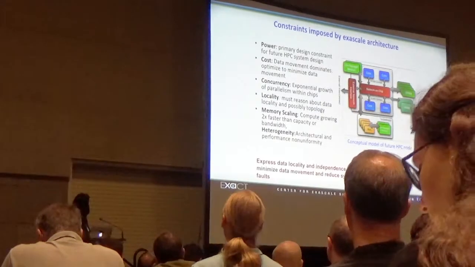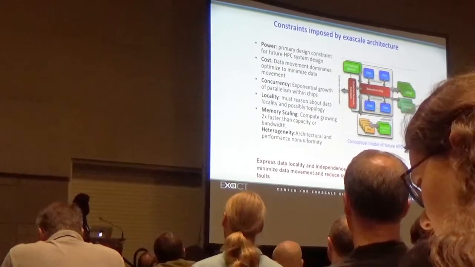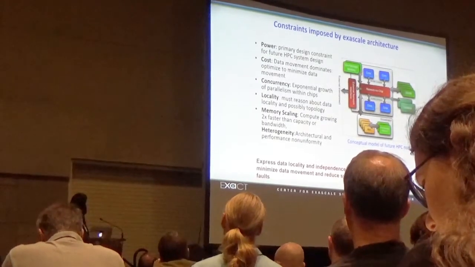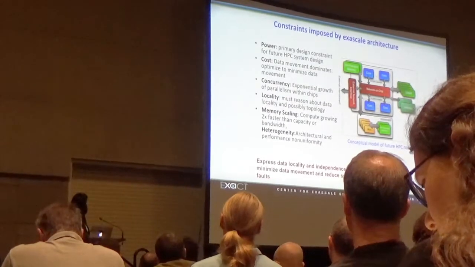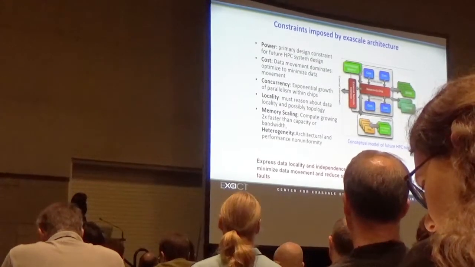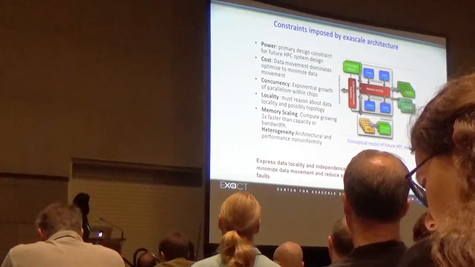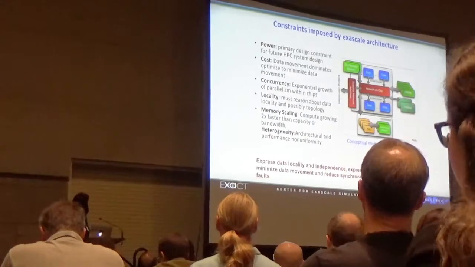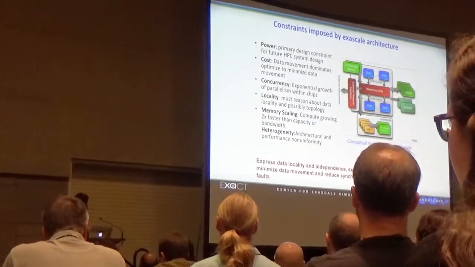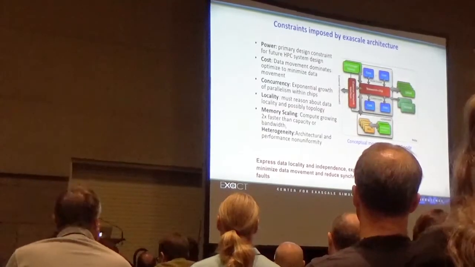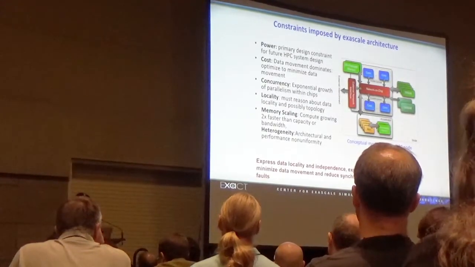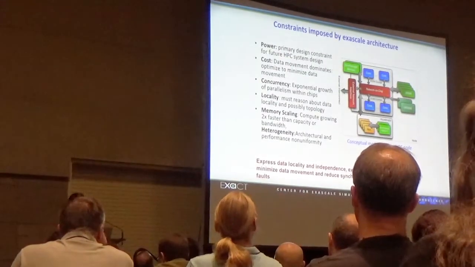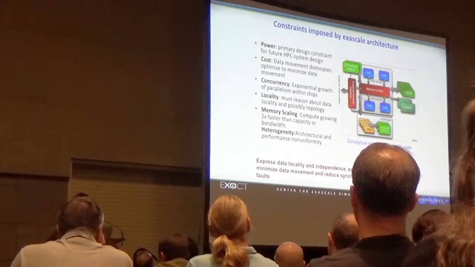Maybe we're talking about millions of cores, and lots of latencies all throughout this entire machine: between the memory, different layers of memory, the latencies out to the disks for I/O, and latencies across the network. And so the holy grail here as we move forward is to express data locality and independence, to be able to reason about the dependencies of different parts of your software, express massive parallelism, and to minimize any kind of global synchronizations and reduce data movement.